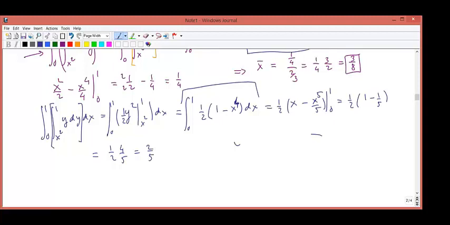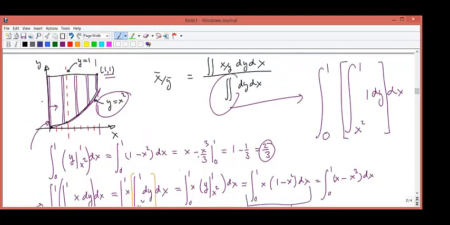Therefore, y bar will be 2/5 divided by the area, which is still 2/3. So 2/5 times 3/2, and therefore 3/5. 3/5 means we need to divide this by 5.